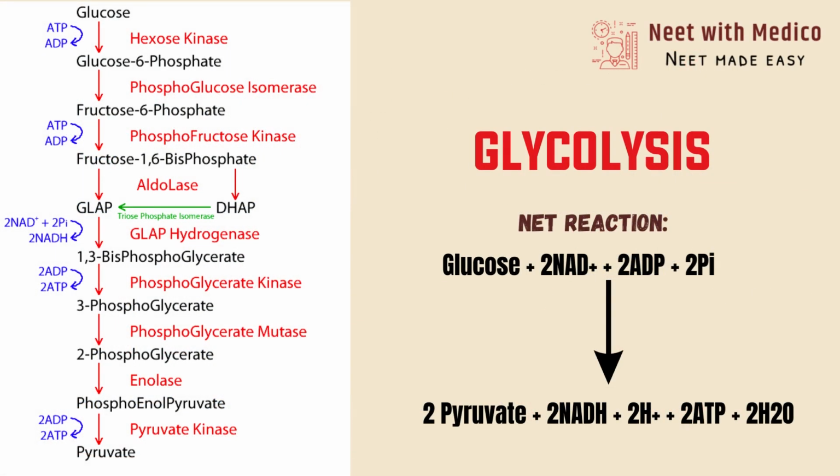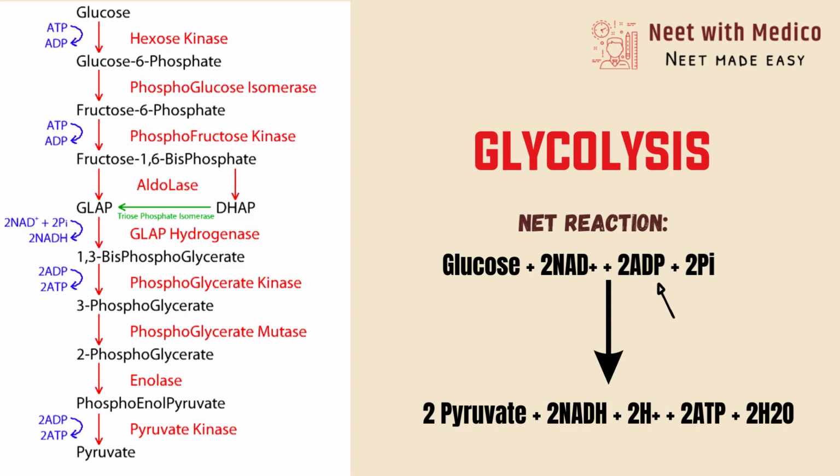Now let's look at the net reaction of glycolysis, and then we will understand it in brief. We have one molecule of 6-carbon glucose that splits into 2 molecules of the 3-carbon compound pyruvate. There is a net utilization of only 2 ADP, since 4 ADP are used in the second phase, but 2 ADP are also produced in the first phase of glycolysis.